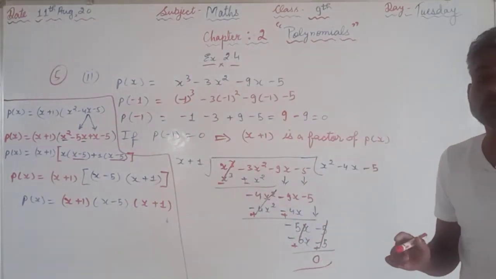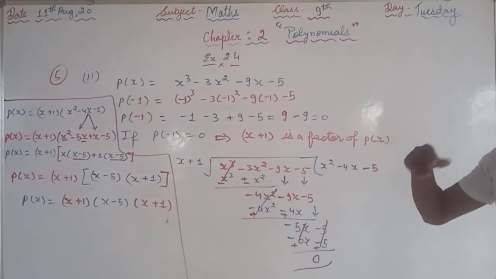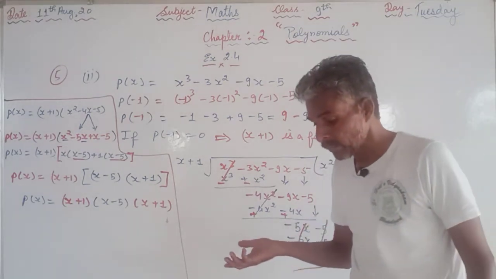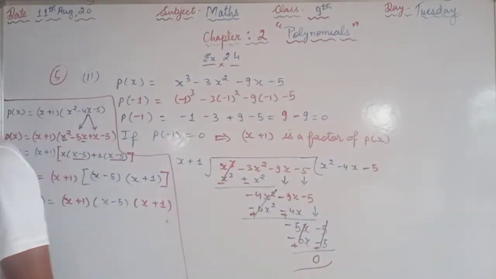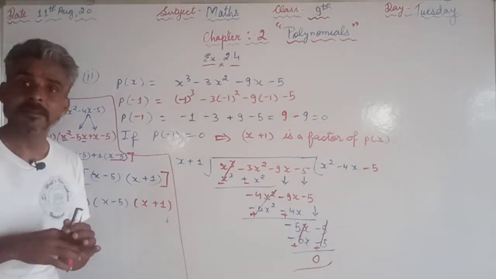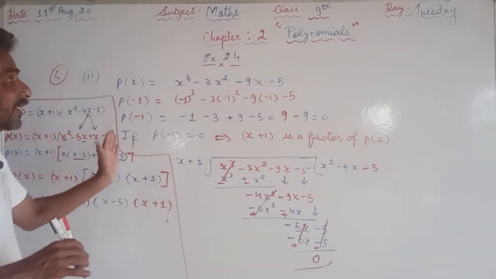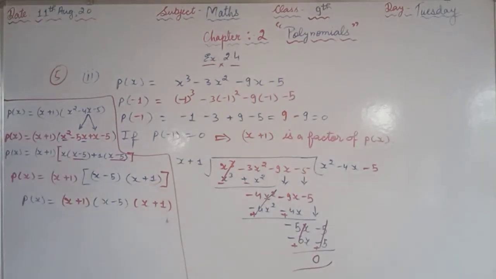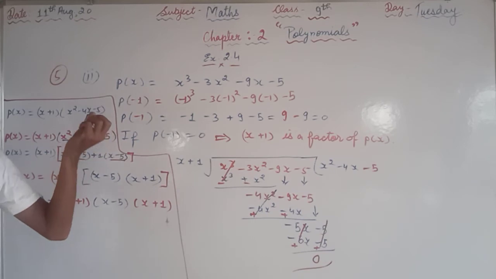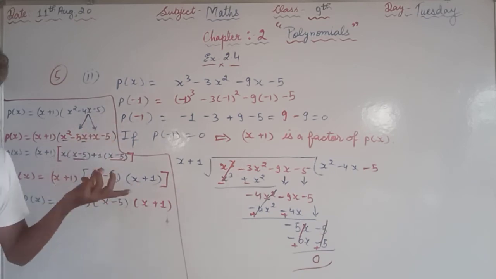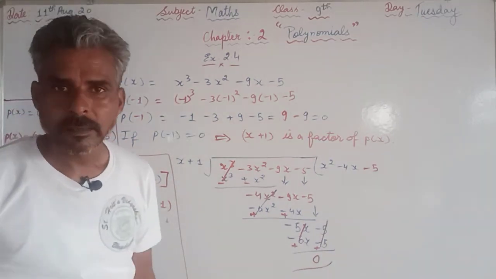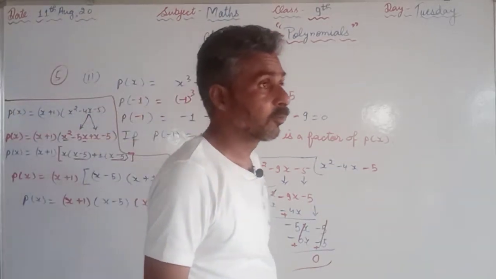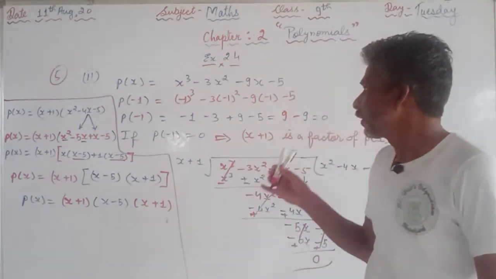But if the degree is more than 2, that is 3, 4 or 5, then first of all you are supposed to find some of the factors, and then you are supposed to multiply those factors, and by the product of those factors you are supposed to divide the given polynomial, and afterwards you can get the quadratic polynomial, which you can easily factorize using the splitting the middle term.